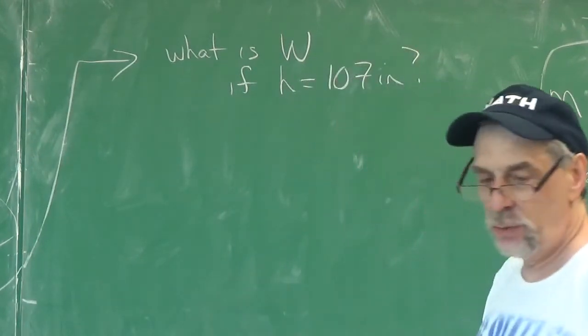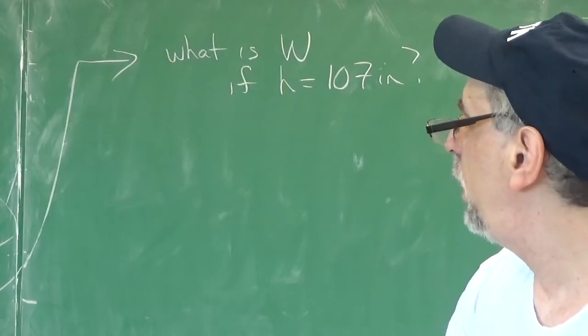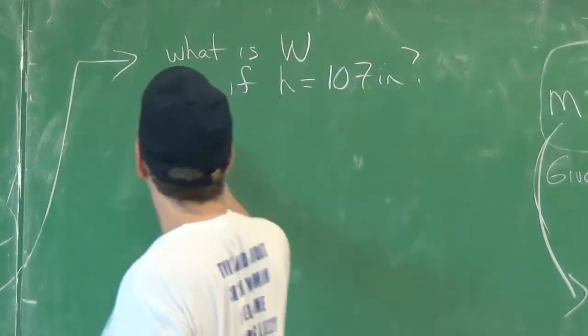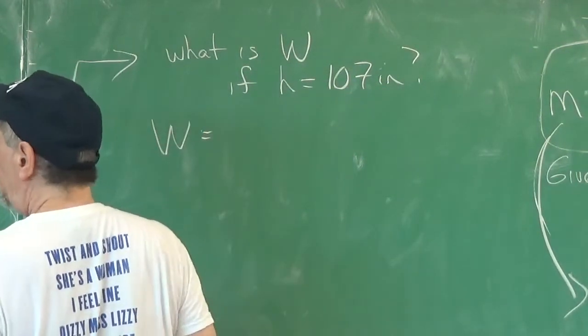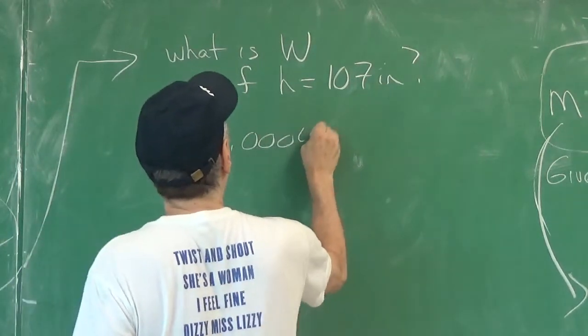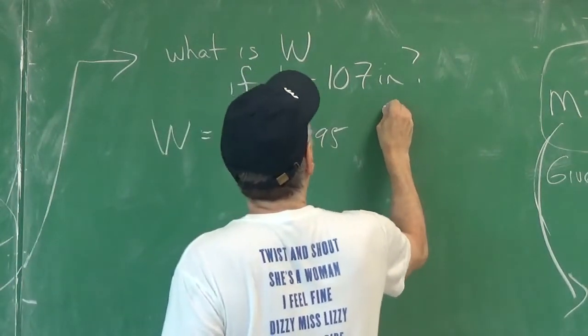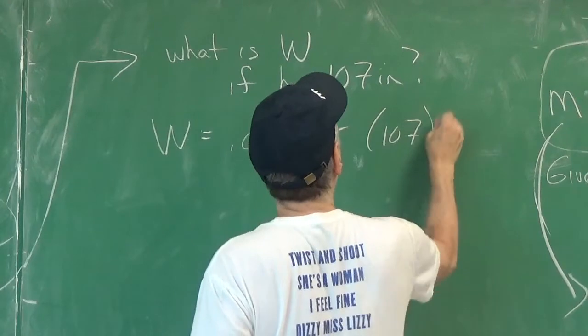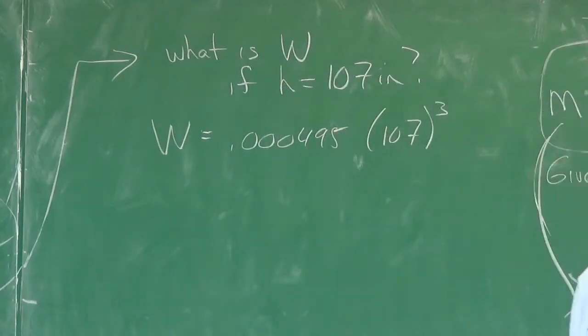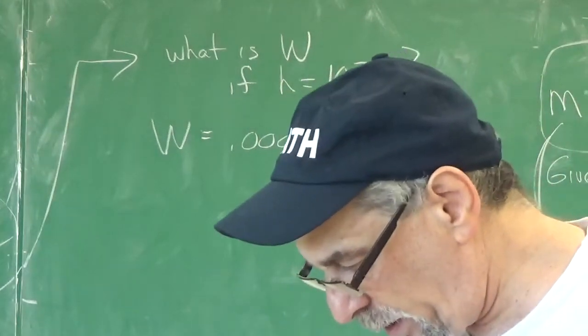All right, well, we got two unknowns. We're given one of them. So all we got to do is plug that in. Weight is going to be 0.000495 times 107 cubed.